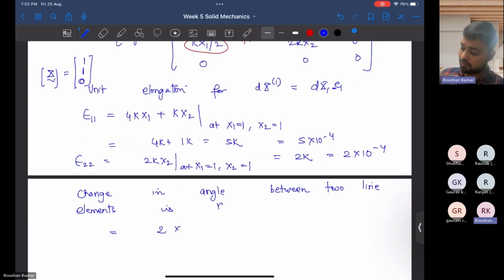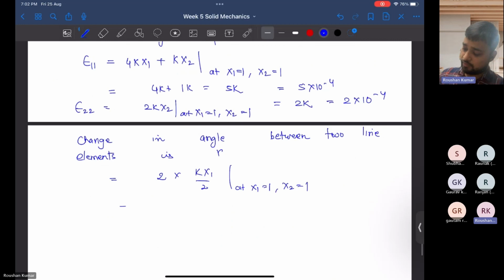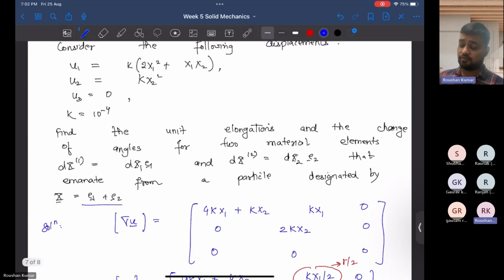So it becomes 2 times k x1 by 2 at x1 equal to 1, x2 equal to 1, so it will become k. And what is the value of k? Ten to the power minus 4 unit. Because it is an angle, we can say this is in radian. Okay, so this is all about question number 2.